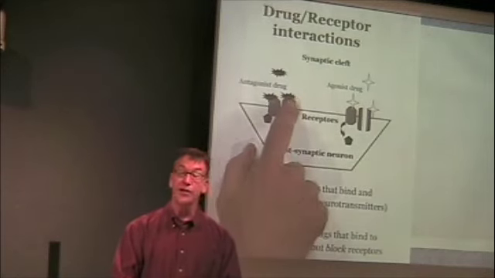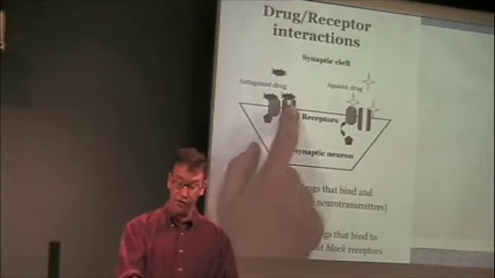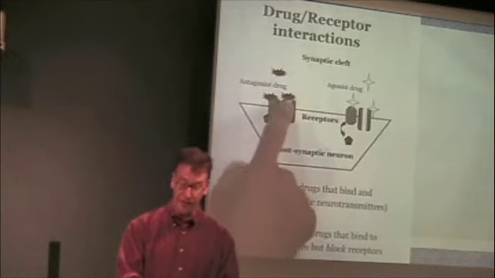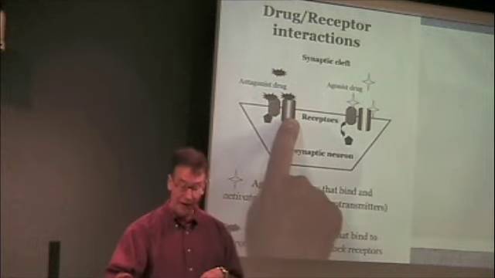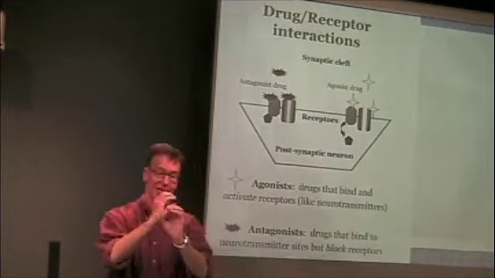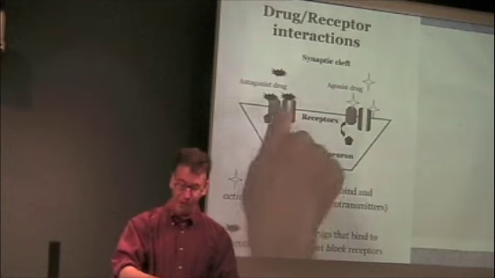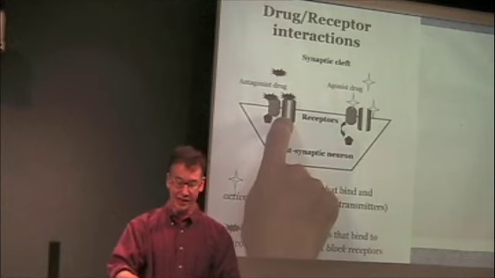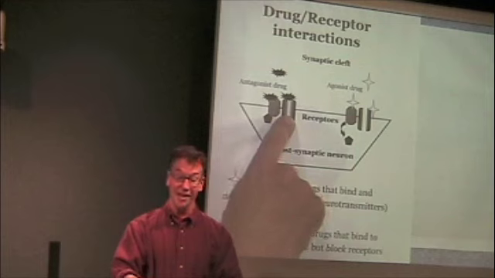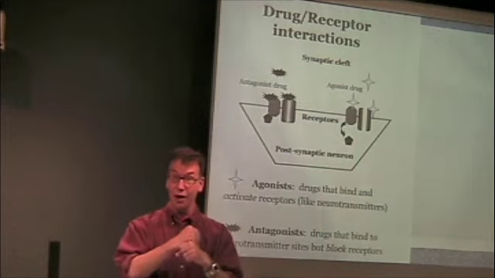So for an ionotropic receptor, if you had your typical neurotransmitter released presynaptically, it would bind to this ionotropic receptor, you'd get a change in shape, and you'd open a hole, and ions would go through. This drug has bound to this same receptor, though, and it's preventing the neurotransmitter from binding, and it's preventing the thing from opening.